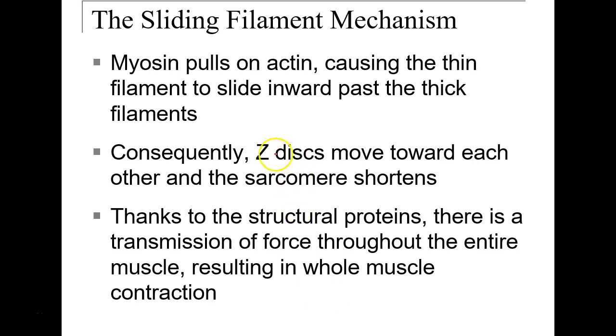Okay, so here is explaining how the Z-discs will move towards each other, towards that M line of the sarcomere. This will force the entire muscle to shorten, resulting in a whole muscle contraction overall.